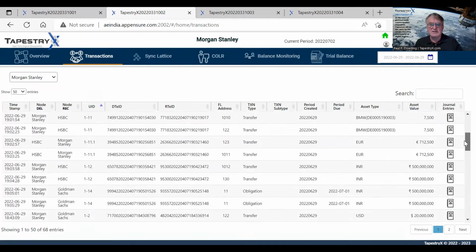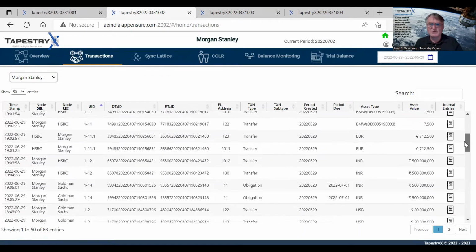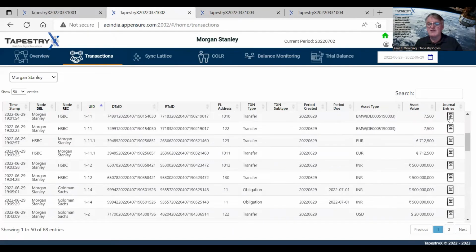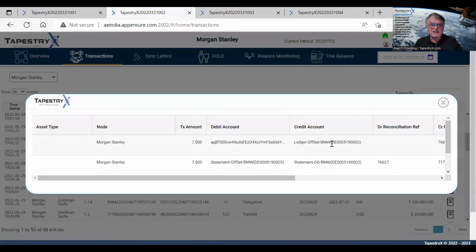If you're looking at the BMW transaction, we can click on the journals, and we do nostro vostro accounting. So when you look at a transaction, you've actually got a debit against the asset lot ID. This is the confidential ID of the asset lot, so the owner's not revealed, against a ledger account.